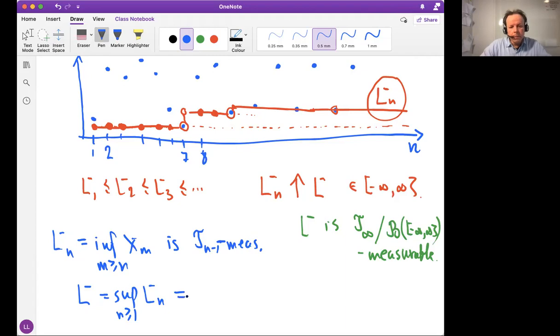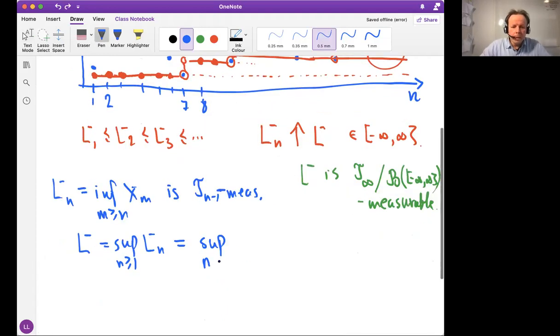So it's the same supremum if we omit finitely many initial values. So let's say we take the supremum over n strictly bigger than some k. If you look at this, we omit the first k values.